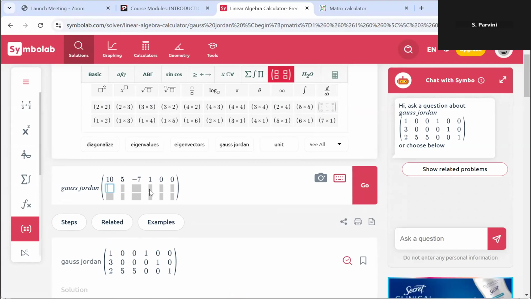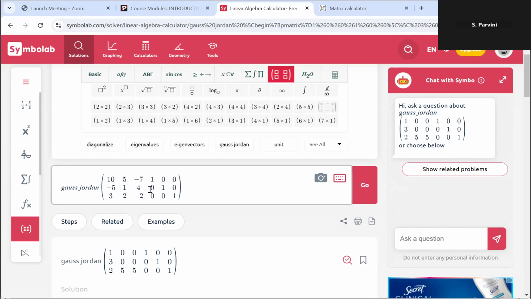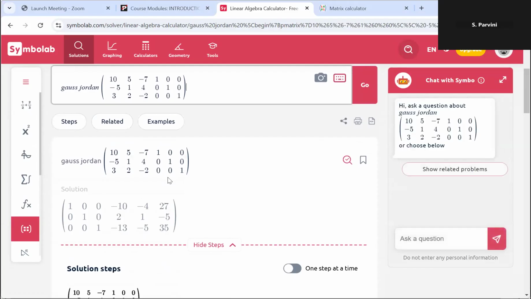Then -5, 1, 4, 0, 1, 0. And the third row is 3, 2, -2, 0, 0, 1. Did I input those correctly? Does everything look okay? All right, let me hit go, and please have an inverse.